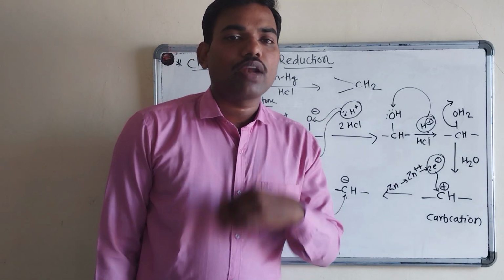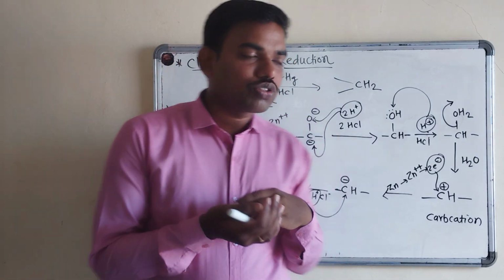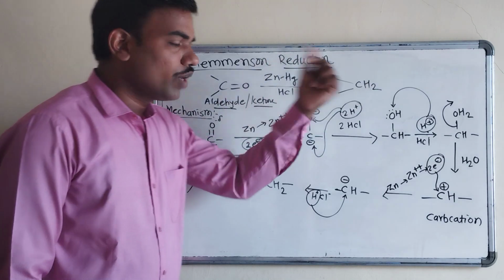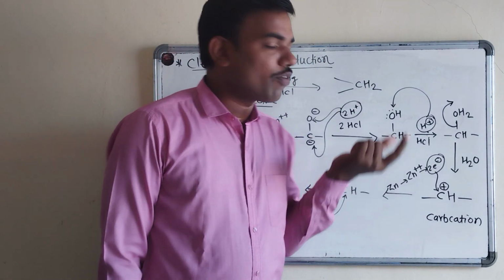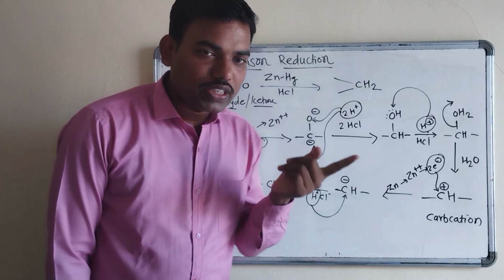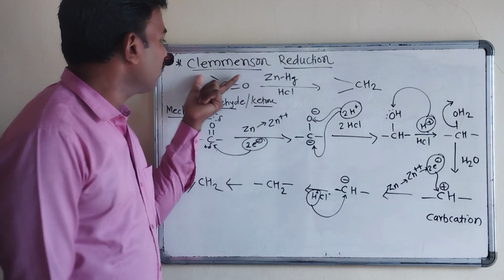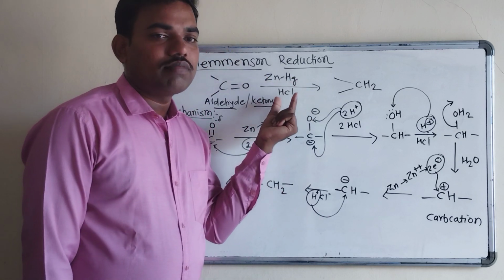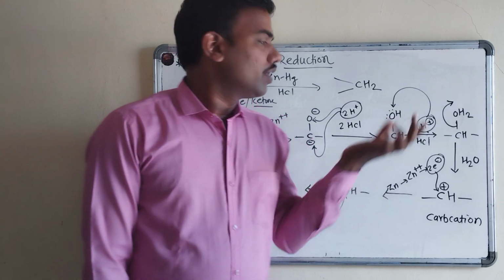Again, when we compare Wolff-Kishner with this Clemmensen reduction, Wolff-Kishner also reduces aldehyde or ketone into an alkane, but the medium is different. That is, hydrazine and KOH is required for Wolff-Kishner. But in the Clemmensen reduction, the requirement is zinc amalgam and HCl, that is acidic medium is required.